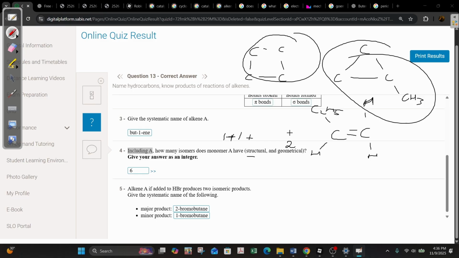What is the last one? That's 3. That's 5. The last one will be butene, butene. Oh yeah, butene. That's another structural isomer. So it'll be 6 in total. 1, 2, 3, 4, 5.